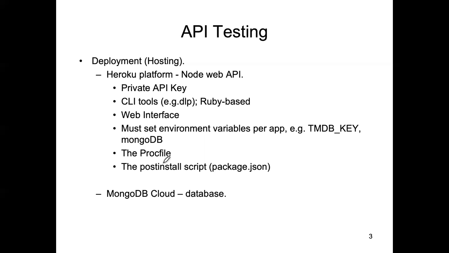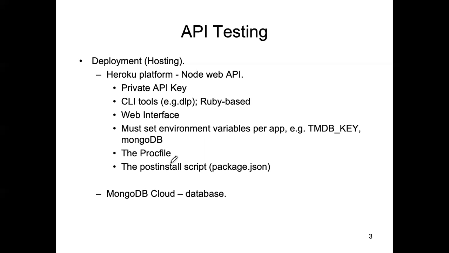That means that Heroku needs to actually build your application locally. And in the case of a node-based application, what Heroku does is it looks in the package.json for a script with this specific name, and it runs that script.